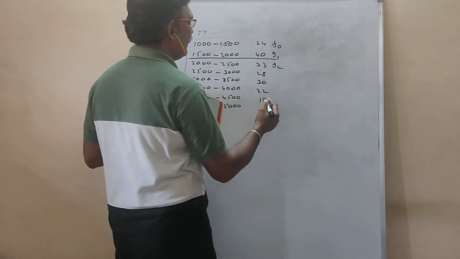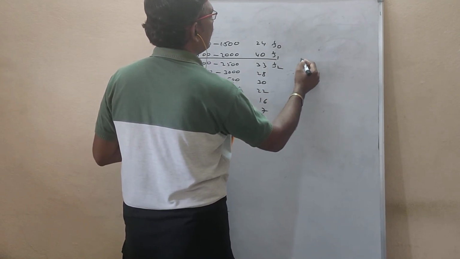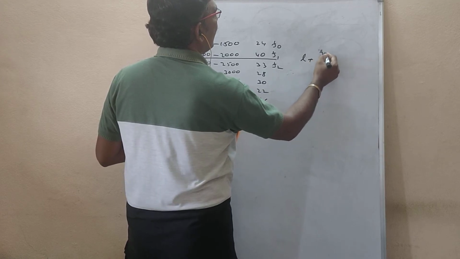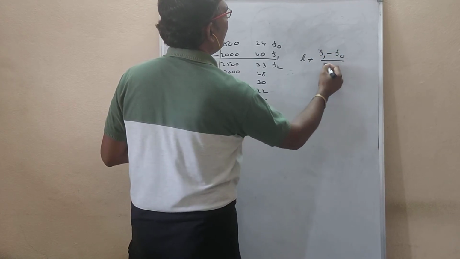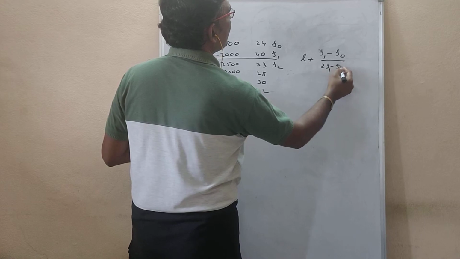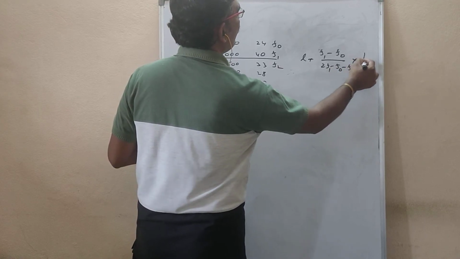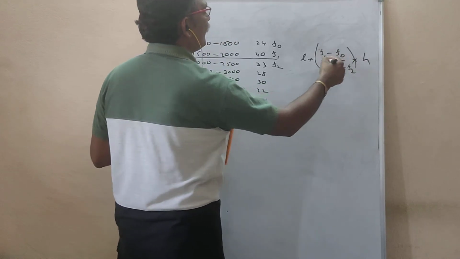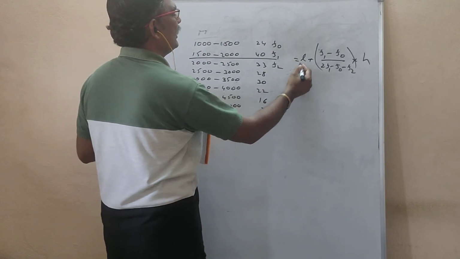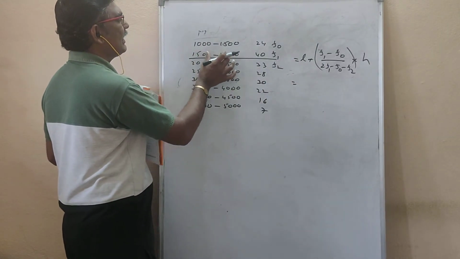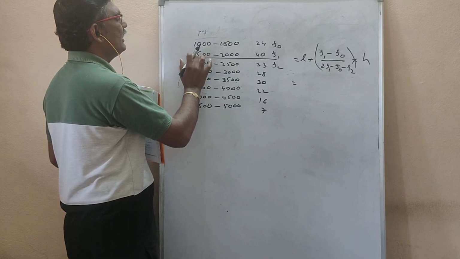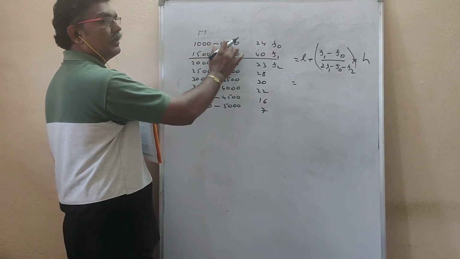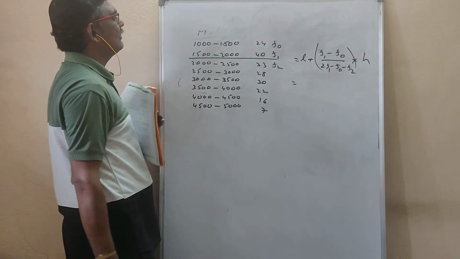Now write down the formula for this one. That is L plus F1 minus F0 by 2F1 minus F0 minus F2, into H. It is the formula for mode. In place of L, it is the class. In this, 1500 is here, 1500 is here, so it is called an exclusive class.